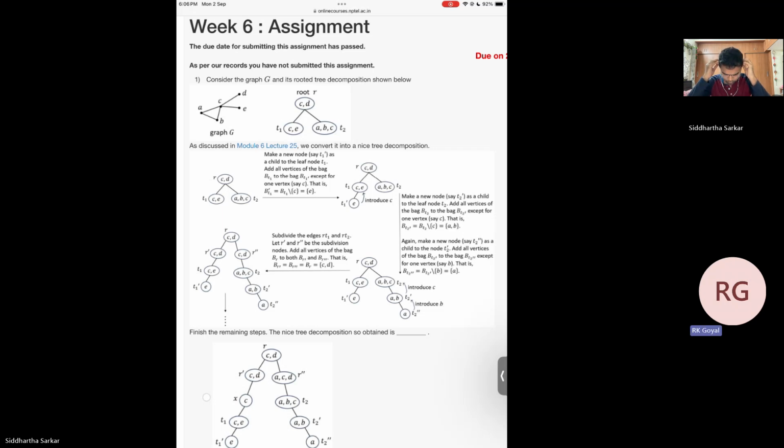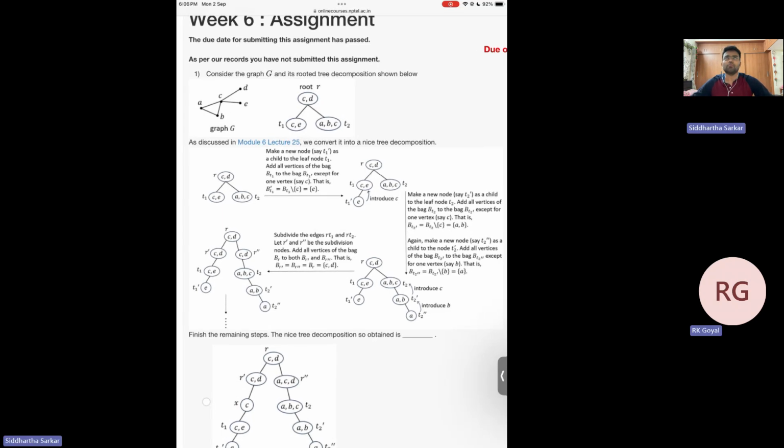Some of the terms need to be introduced. We have also seen what is a simple tree decomposition, where no bag is a subset of another bag. So tree decomposition and simple tree decomposition are discussed. So we must understand what is a nice tree decomposition.